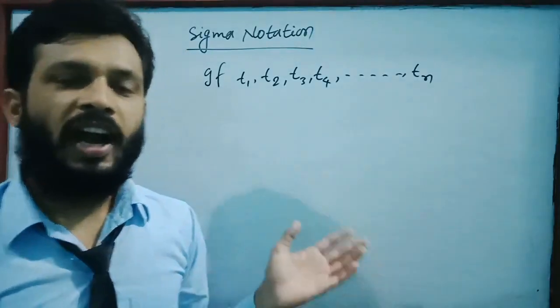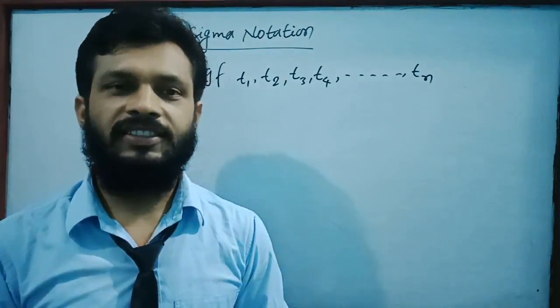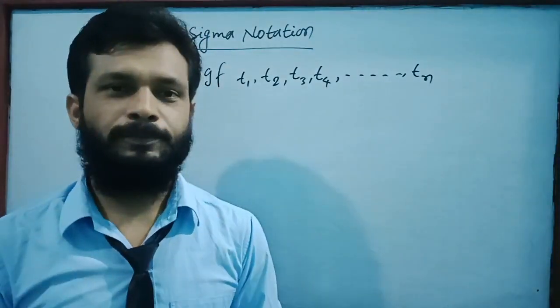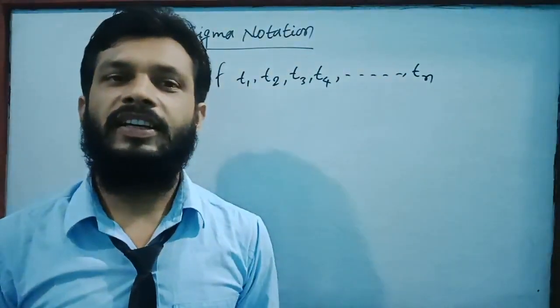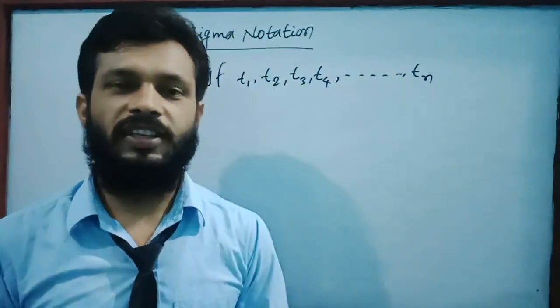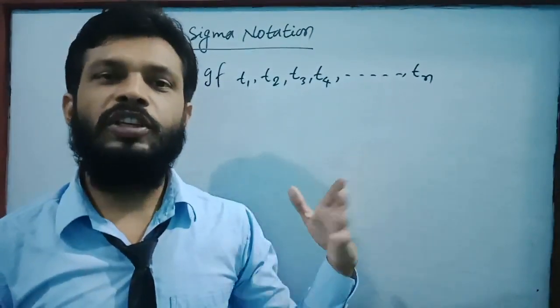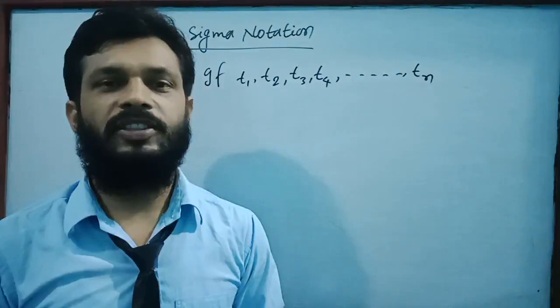How many students are there in your class? I think you can say easily, because the position of the last student is 18, so the total number of students is 18 in your class.